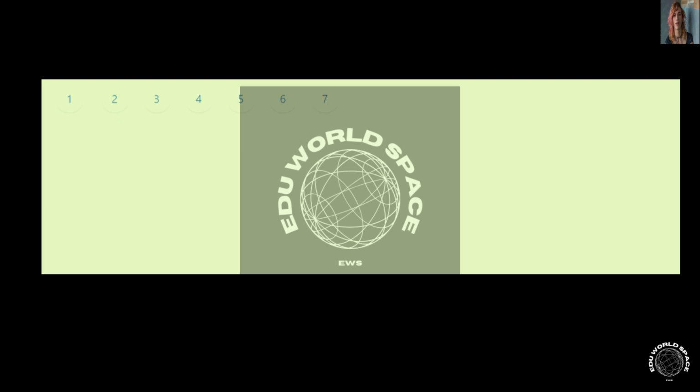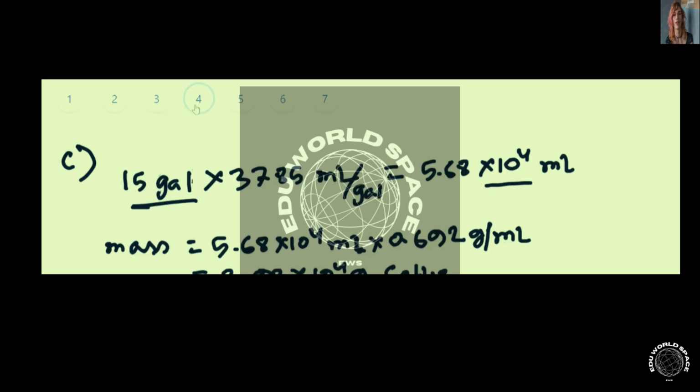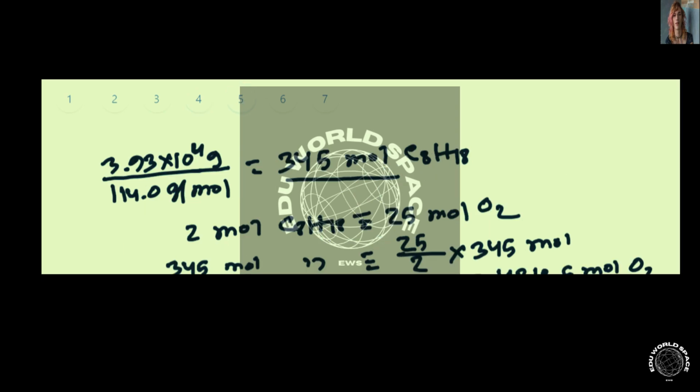Now in the last part of this problem, we have to find out how many grams of CO2 are produced when 15 gallon of C8H18 are combusted. So as I've already said, whatever quantity we are given, we have to convert everything into number of moles to find out how many moles of other reactant or product is required or produced.